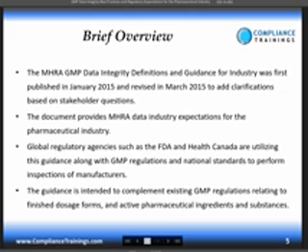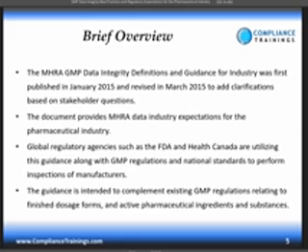So, starting with a brief overview. In January of 2015, the MHRA actually published the GMP data integrity definitions and guidance. And it was further revised in March of 2015 after there were some clarifications provided by stakeholders on different questions and how to implement the guidance in their organizations and also what things actually mean.